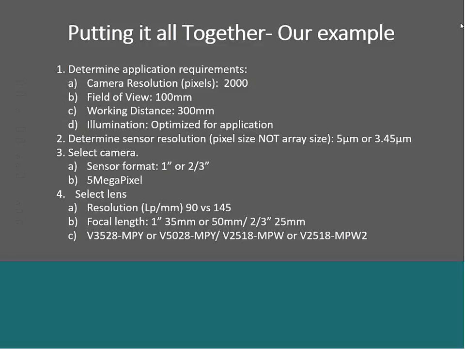And so we contact the manufacturer and say, we need to take a look at the MTF information so that I know what I'm doing. Then we calculated the focal length: for a 1 inch, it's 35 millimeters. For a 2/3, it's going to be 25. And down there are listed some of the Computar part numbers for those respective lenses.